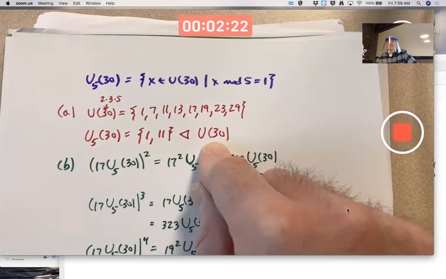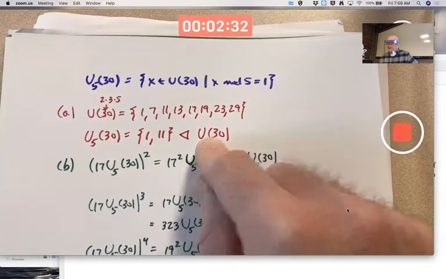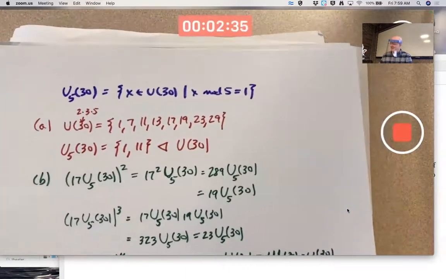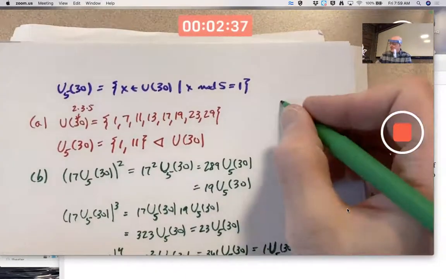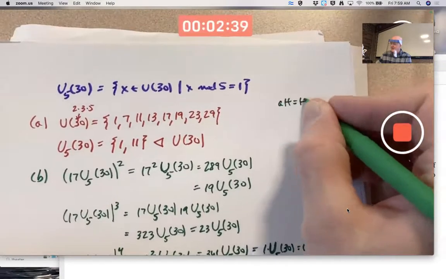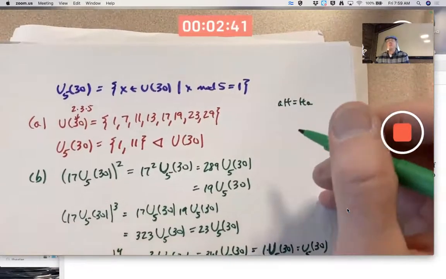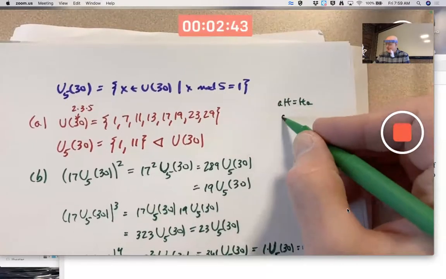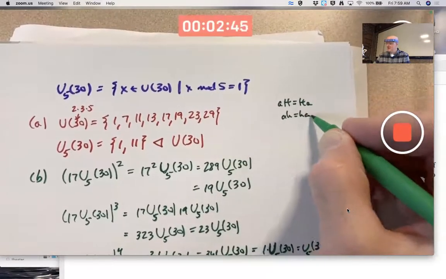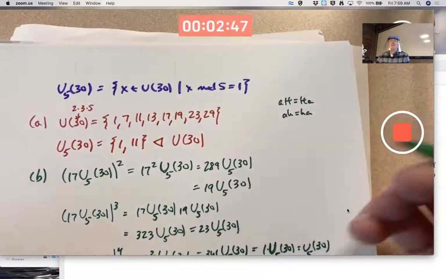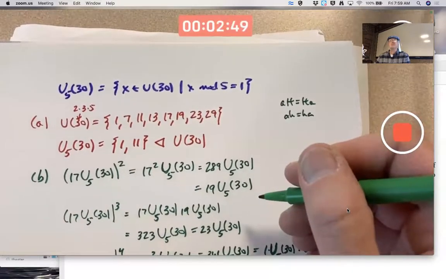are normal. Certainly in any abelian group, all subgroups are normal. Certainly aH equals Ha, right? The left coset containing a will equal the right coset containing a if G is an abelian group, because a little h equals h little h times a for every little a and little h in the group.